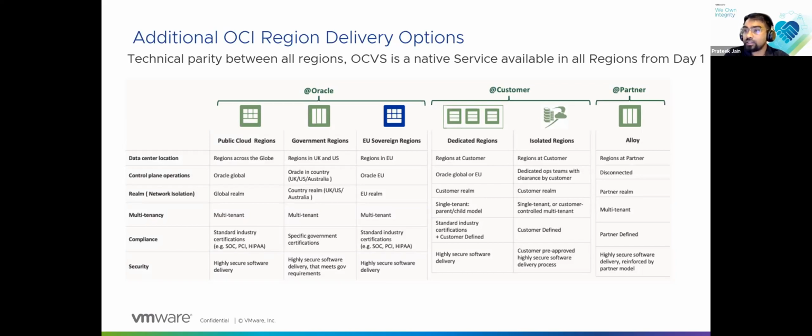Alloy is a multi-tenancy feature provided by Oracle in OCI, where as a partner, you can make OCVS available to other customers. Alloy gives you that multi-tenancy feature in OCI to provide resources and onboard customers onto the cloud, be it for a partner, for internal consumers inside your organization, or for any other use case as well.